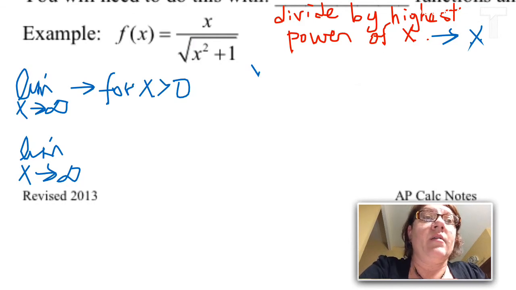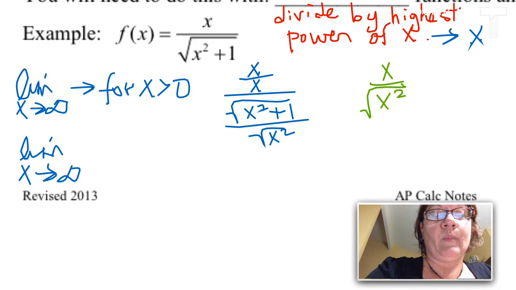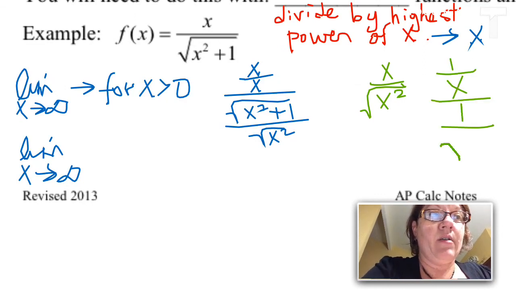I'm going to divide top and bottom by positive x, but I'm going to do a fancy form on bottom. And perhaps it's better to say I'm really multiplying by some value of 1, and in this case that value of 1 is this.